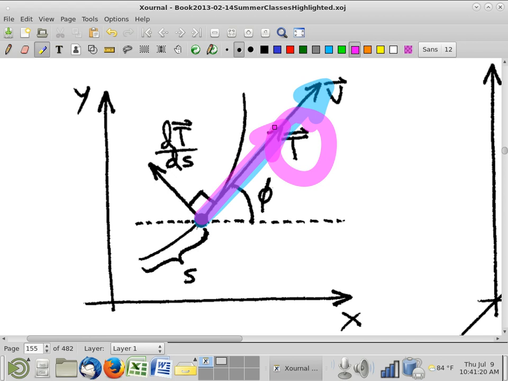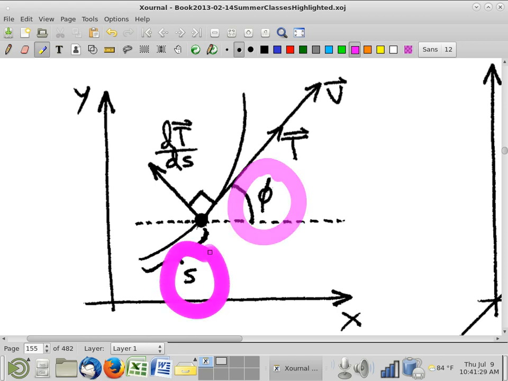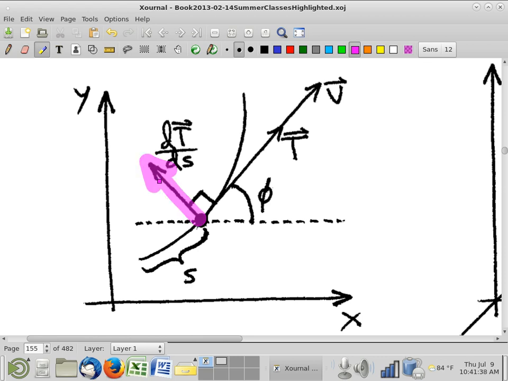Okay. So it turns out, and this is a neat observation, after you've computed your curvature as the rate of change of that with respect to that, you can take a different point of view on curvature. If you look at this vector, which is the rate of change of T with respect to s, so how fast is that direction vector changing per unit distance traveled along the curve?